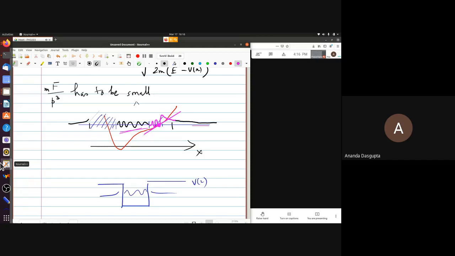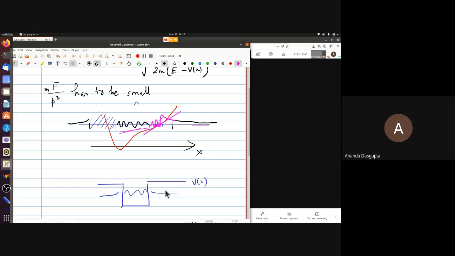Of course, the point is, how do we find out energy in, say, the square well case? If we assume that the energy is just any value, then the exact solutions I know in these three regions will not match in their value and in the derivative at the boundary.